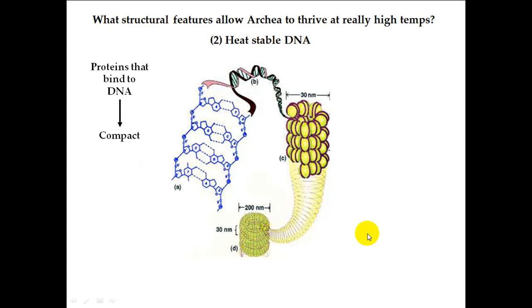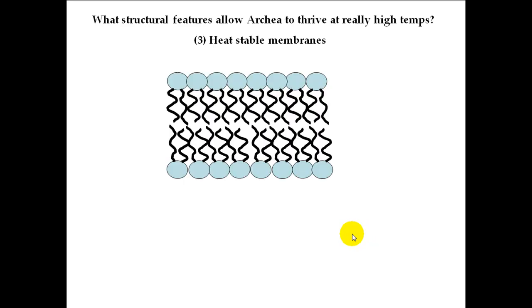One last thing that allows archaea to withstand really hot temperatures is the fact that it has heat-stable membranes. Like we mentioned before, the membranes of most cells are made up of a phospholipid bilayer. The major thing holding together the phospholipid bilayer is the fact that the tails of these phospholipids are all hydrophobic and the heads are all hydrophilic.